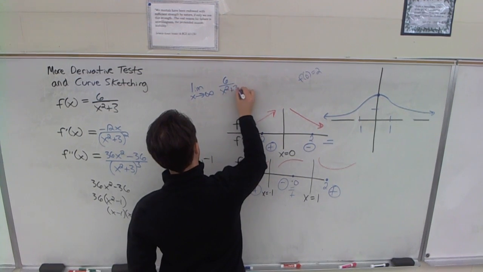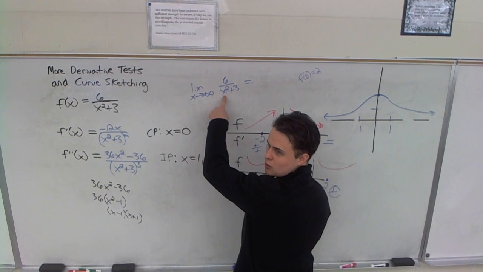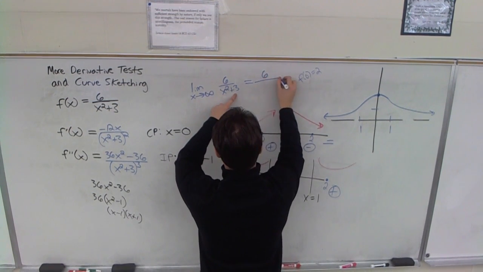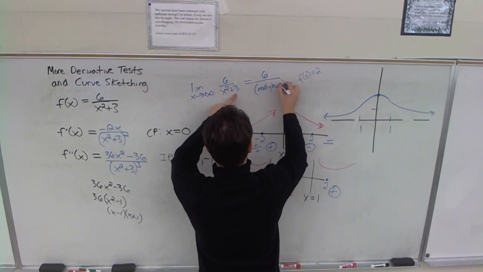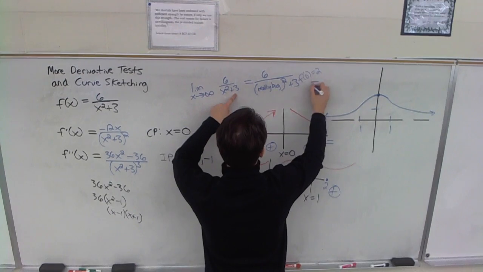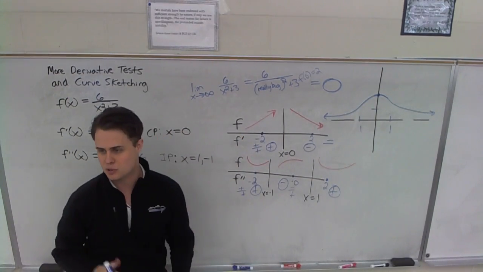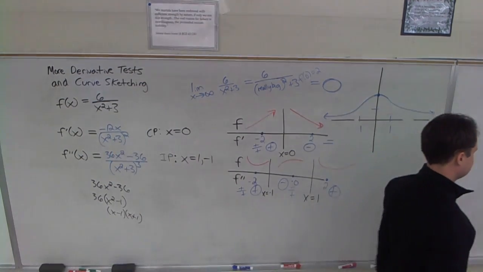If you put a really big number in for x, you do the plug-in approach, you get what? 6 over really big squared, which is even bigger, plus 3. That's going to be approximately 0 if you go to infinity, so that's making sense.